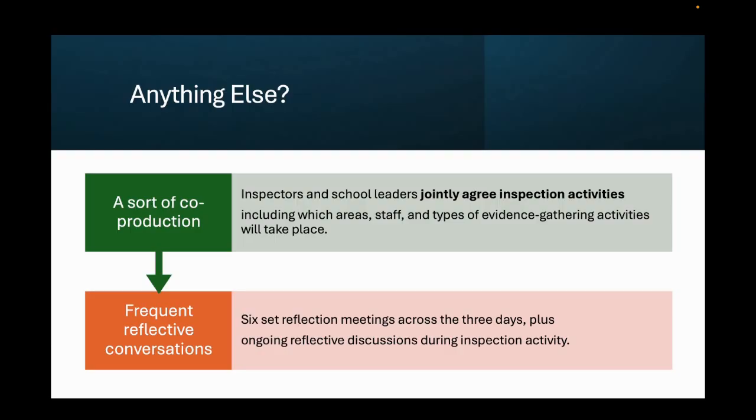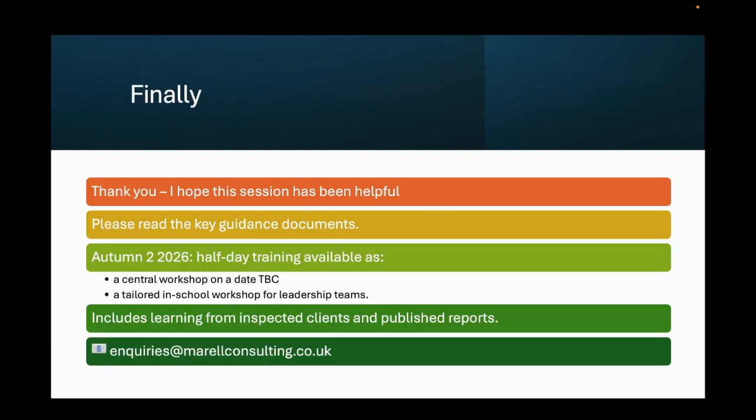This is outlined in the operational guidance. So it gives leaders more opportunities to make sure that inspectors' findings are in line with where the school think they are and the evidence that has been seen.